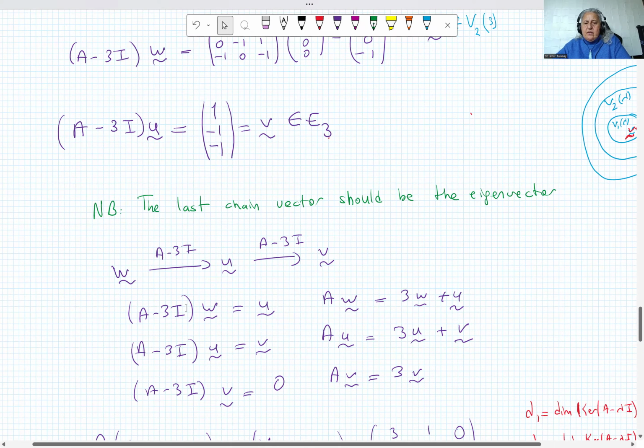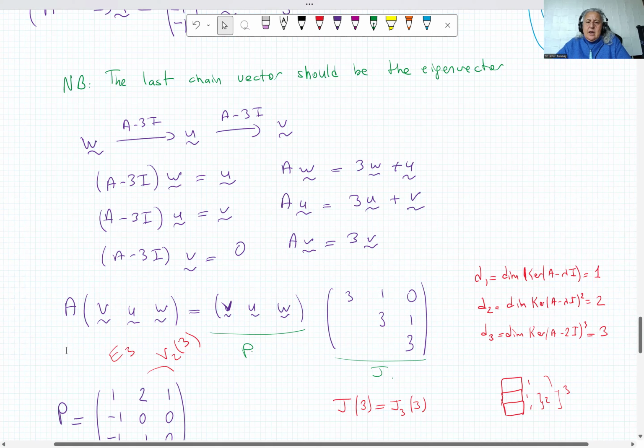Okay, now we can write down those equations in a way that will allow us to write down a J matrix and a P matrix. So this equation is AW equals 3W plus U, AU is equal to 3U plus V. This implies this, this, this. Then AV is equal to 3V, which is that guy.